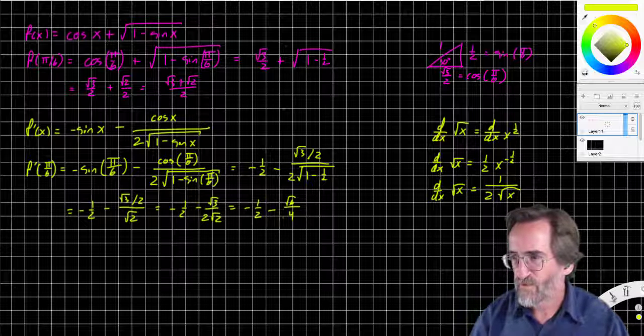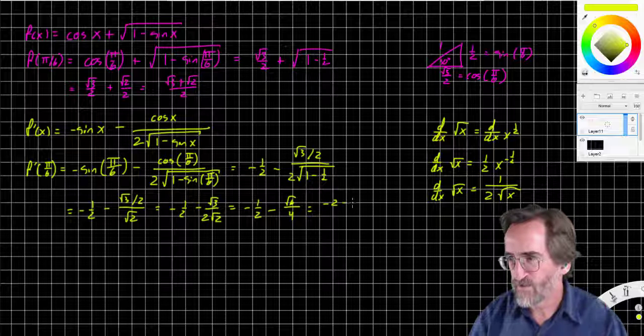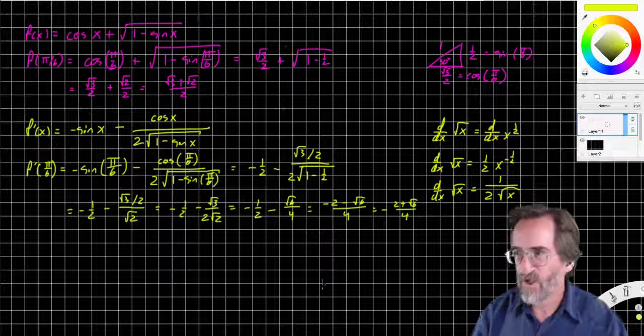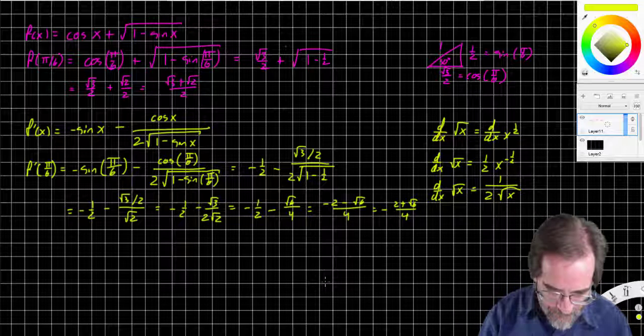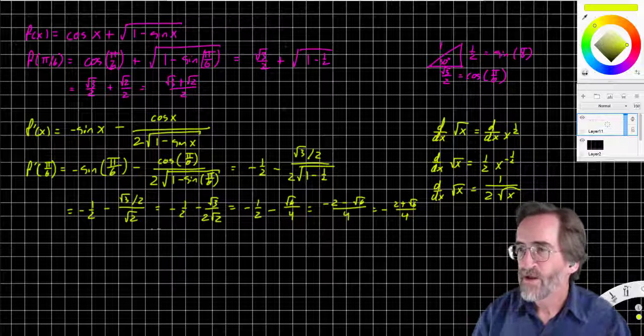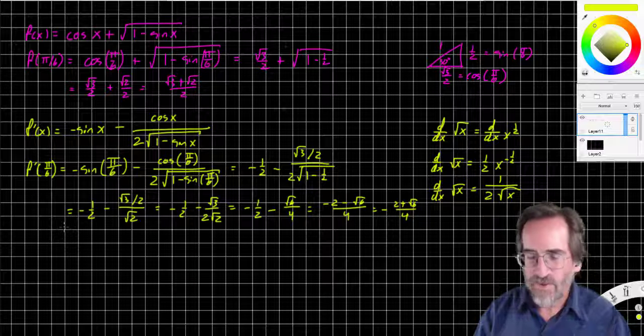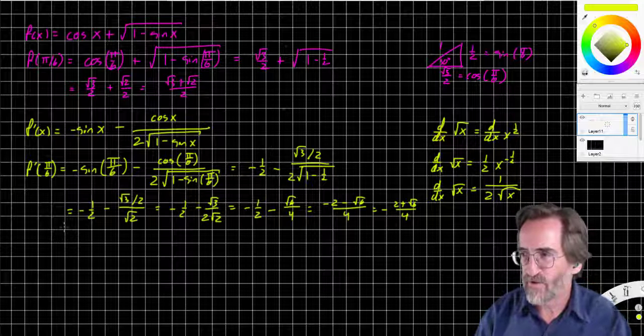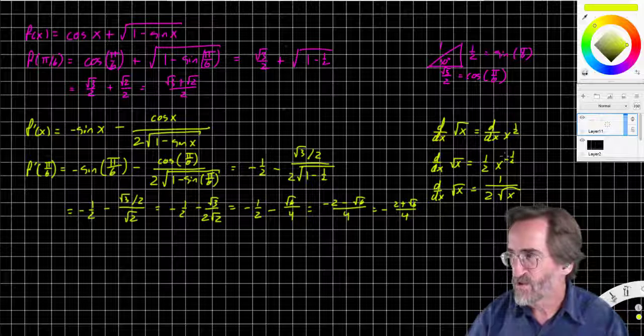There we go. Get a common denominator, so this is negative 2 minus root 6 over 4. Or you could say negative 2 plus root 6 over 4 if you put the negative out in front. Okay. So there's our derivative. Okay, that's our slope.